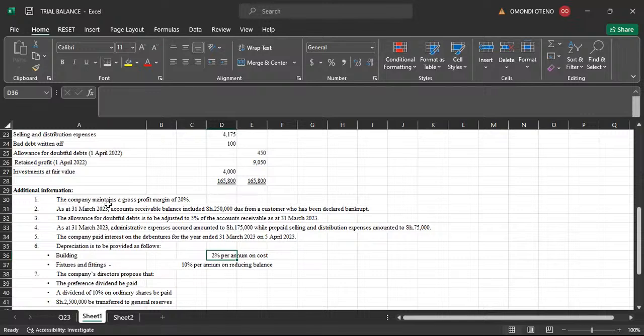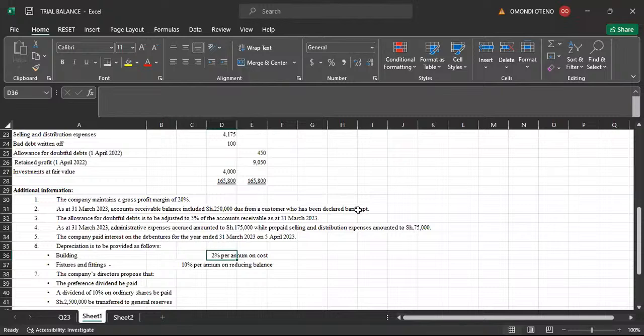The company maintains a gross profit margin of 20%. Then as at 31st of March 2023, the accounts receivable balance included 250,000 due from a customer who had been declared bankrupt.